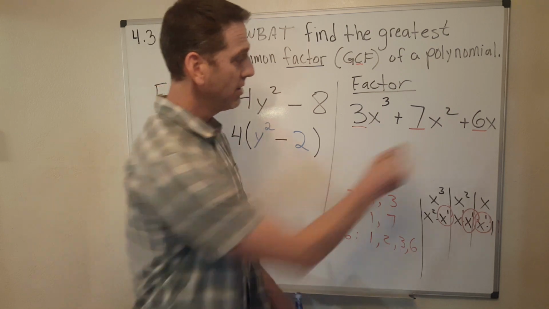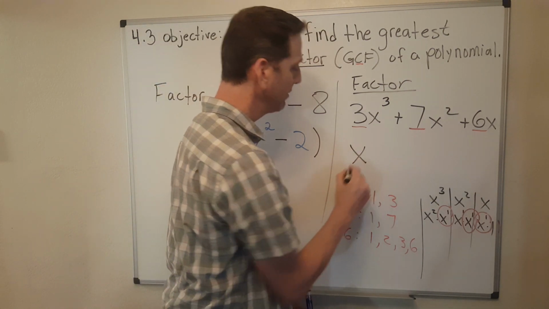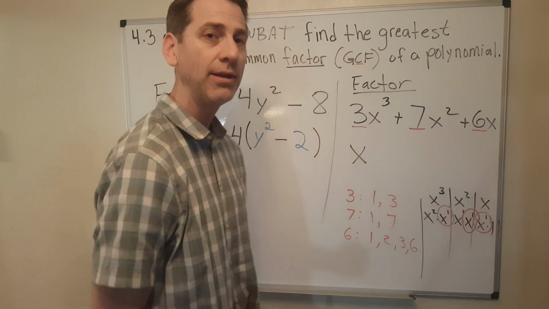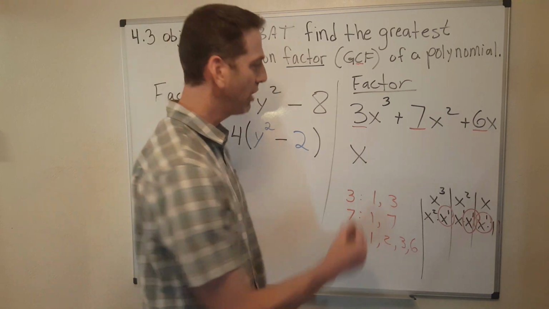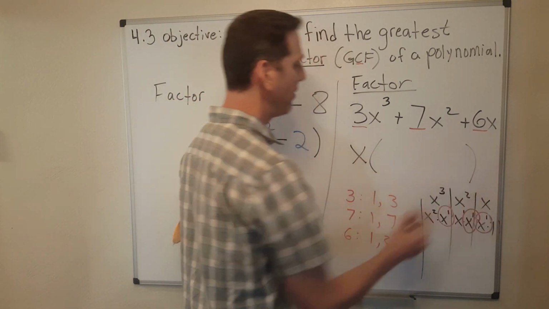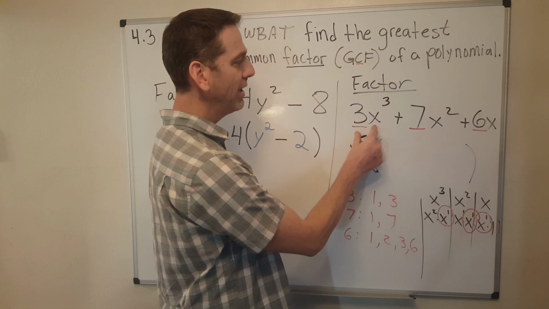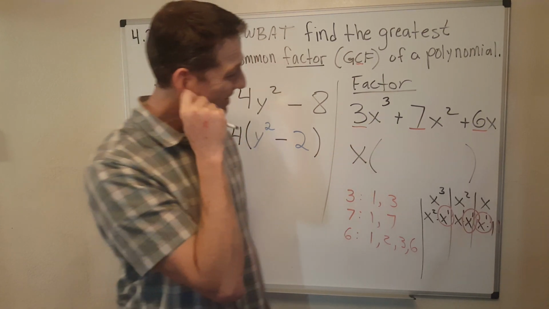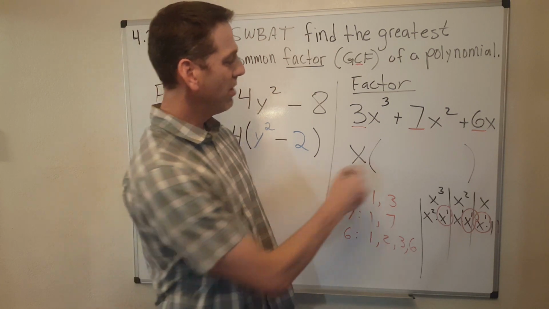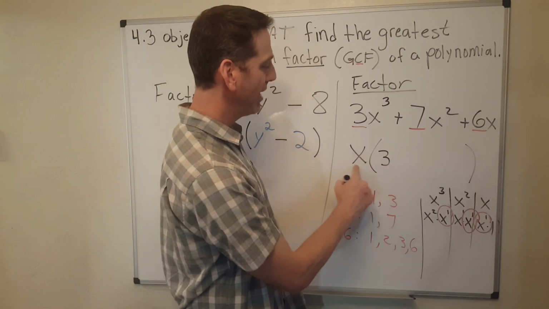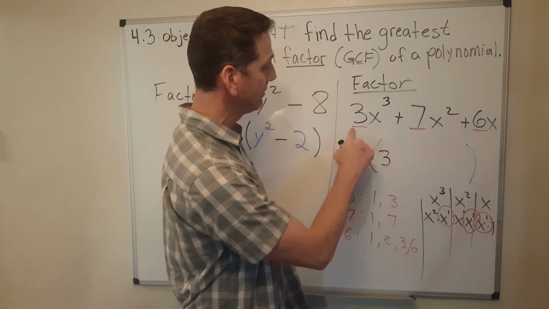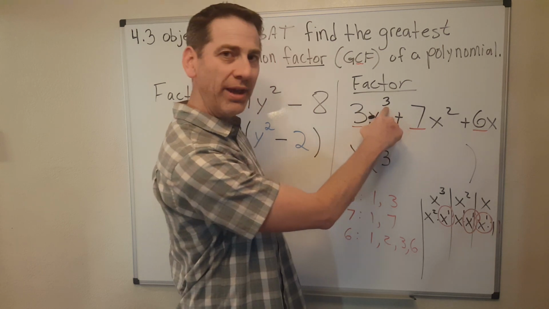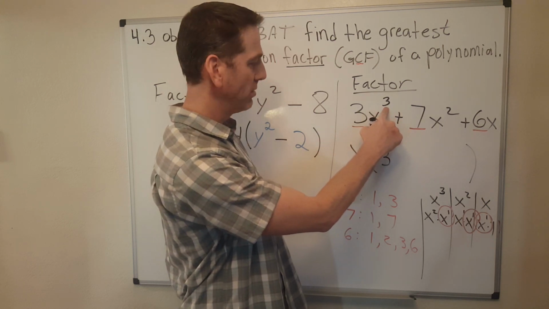All right, so let's go ahead and take that x over to the side. And again, now we're just going to divide or do the distribution property in reverse. All right, so what's 3x to the third divided by x? Well, I know I'm going to need a 3 there, right? So x times 3 is what, 3x? But I need to account for that 3 in my exponent.